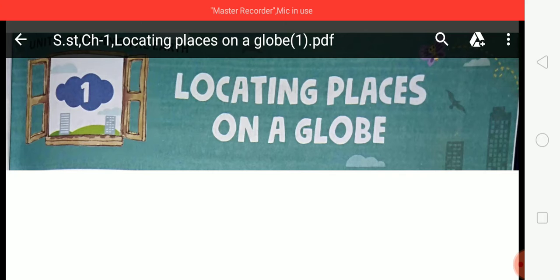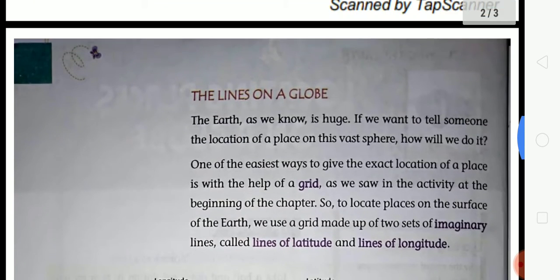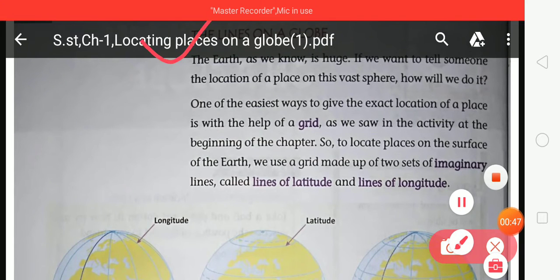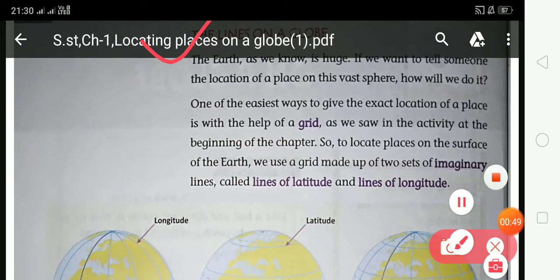So students, now look at the topic: the lines on a globe. The earth, as we know, is huge. We know that the earth is very large.